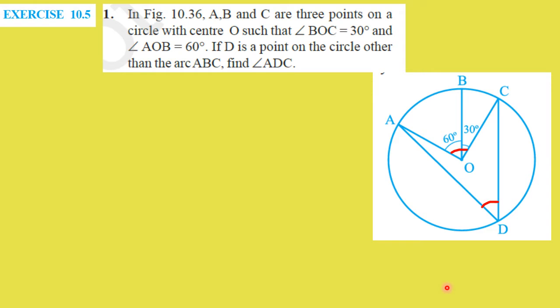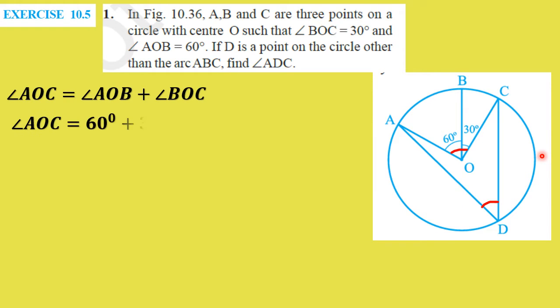So what will be angle AOC? AOC is the angle subtended by this arc ABC at the center. So angle AOC is equal to angle AOB plus angle BOC. That means 60 plus 30, 90. So this angle subtended at the center is 90.